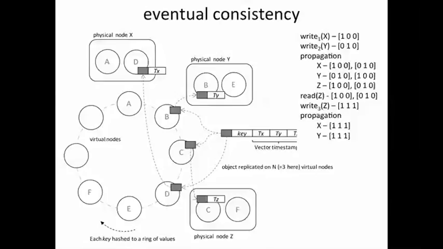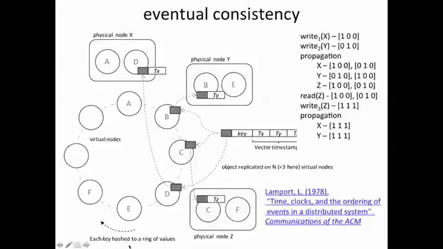Now, it's not that obvious, and the theory of vector timestamps dates back to the 70s in classical work by Leslie Lamport, and the original paper is really worth reading. The paper itself is from 1978, and there are some previous versions of it, but the most accessible one is this one, which appeared in the Communications of the ACM.